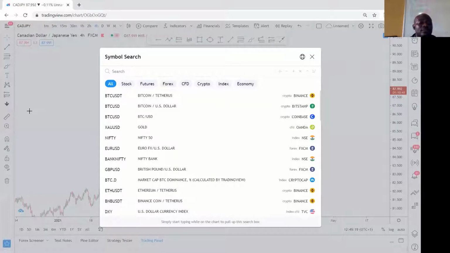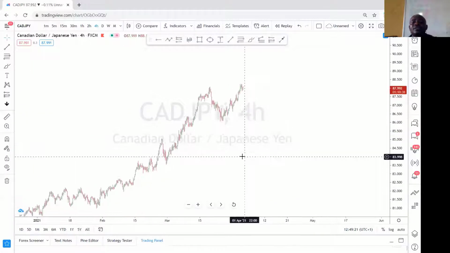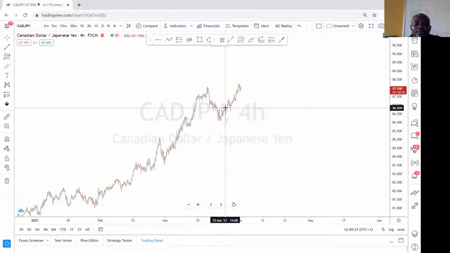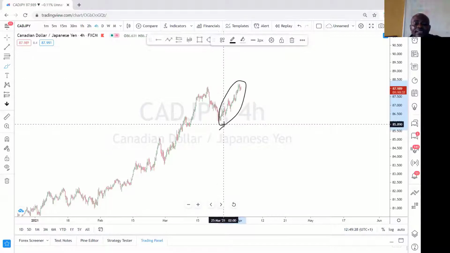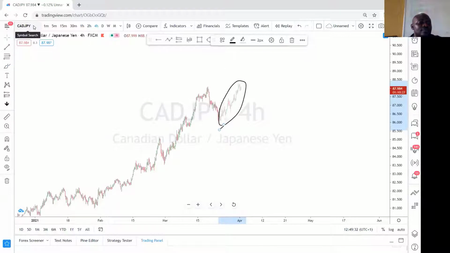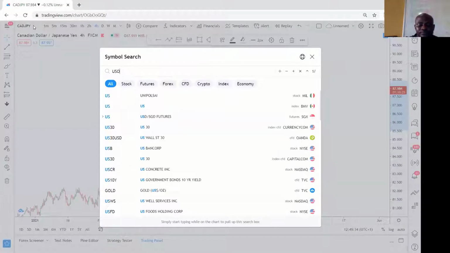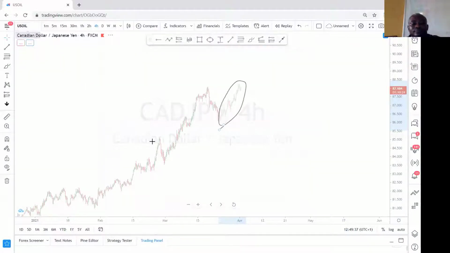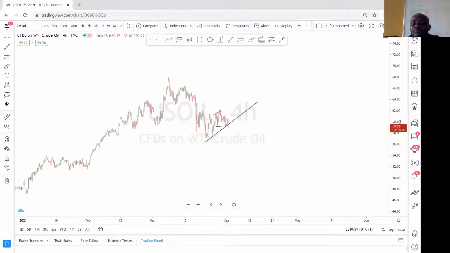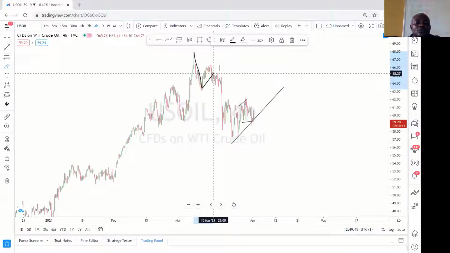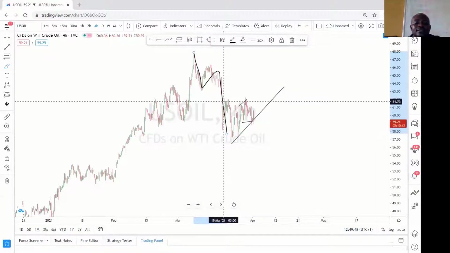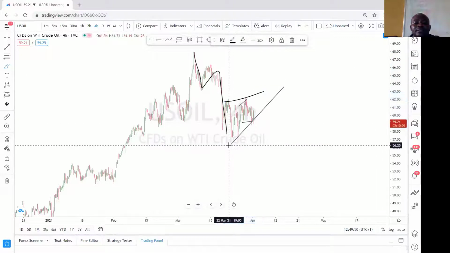And then let me say one more thing about CAD-JPY. What triggered this move in CAD-JPY? I'll show you now. Go to US oil. It's correcting, but is it correcting downward or correcting upward? You are seeing this correction happening here.